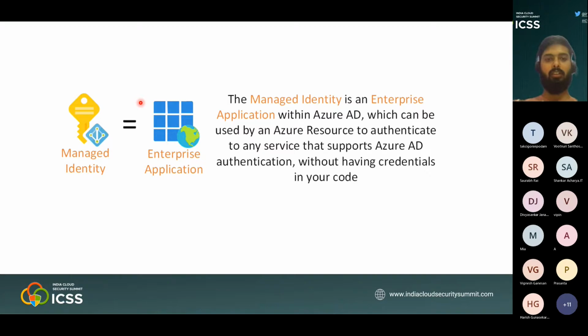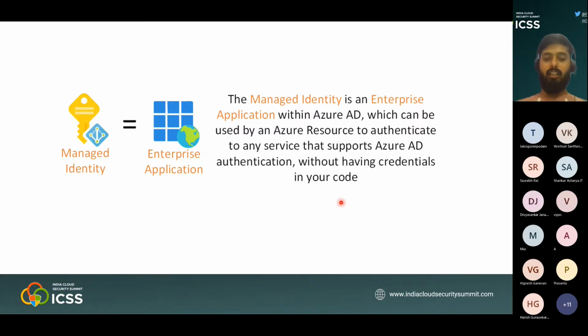Whatever level of role you provide, it will be able to perform all those actions over there. So basically, managed identity is making the services like a normal user, and they can communicate between any services which they have authorization to access.